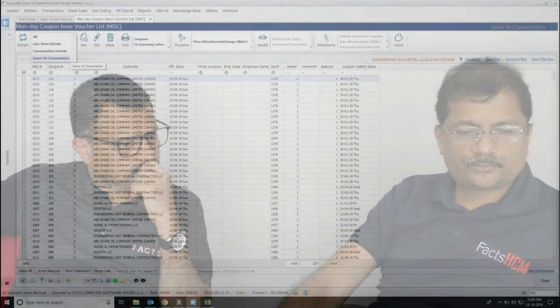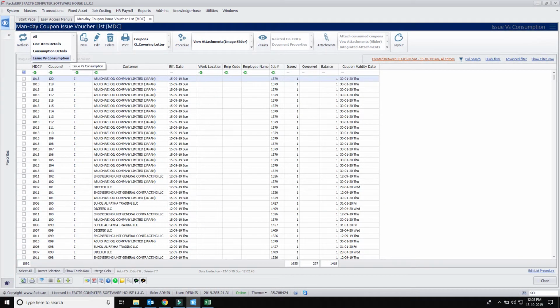But now I want to show you a list called issue versus consumption. At any point of time, we want to know how many coupons are issued, how many are consumed, how many are remaining with the customer, and when they expire. Naturally, this coupon has an expiry date also.